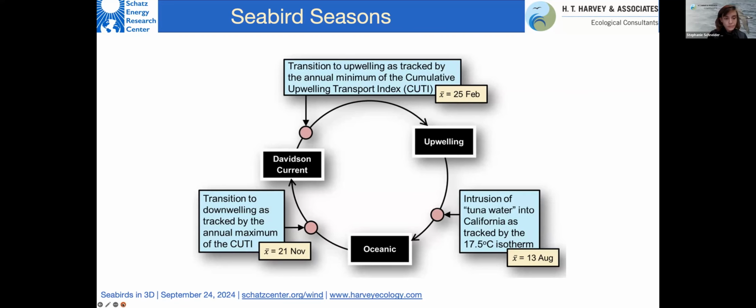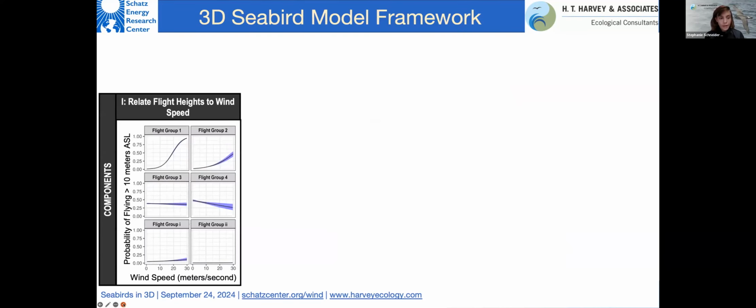Next slide, please. So I'm going to break this framework down. This is a part of a larger framework that Eli introduced, and it's multifaceted, so we're going to break it into components. The first component we had to do is relate flight heights to wind speed. These are probability curves that estimate the likelihood of seabirds flying at the height of rotor swept zones under varying wind speeds.